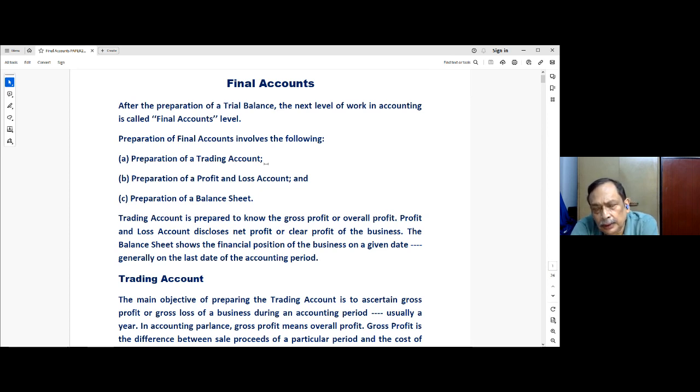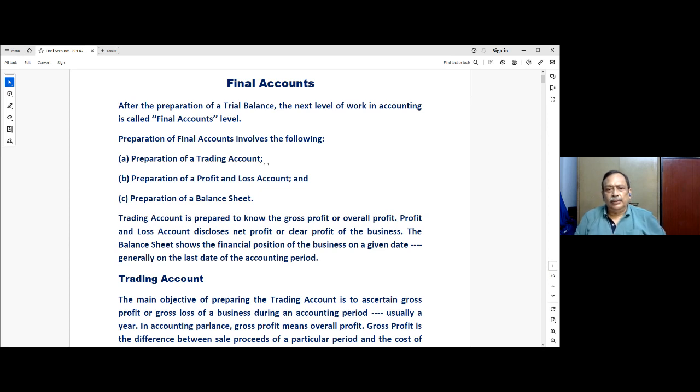Now, the trading account is prepared to know the gross profit or overall profit, and if there is no gross profit, then it shows a gross loss.